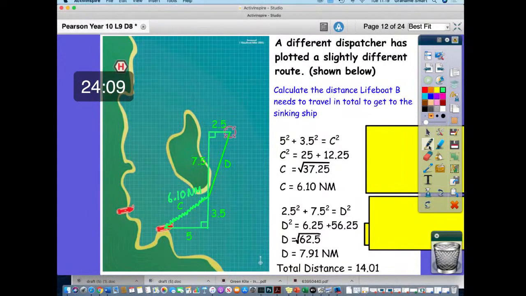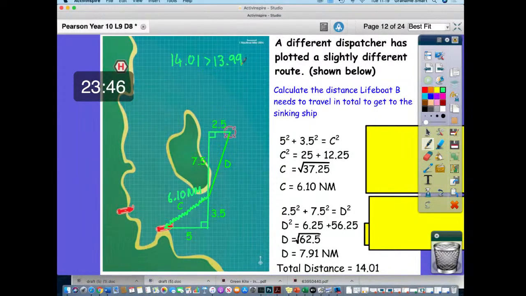So that is slightly longer than the calculation on the previous slide, because on the previous one it was 13.99. So using these two triangles was a slightly longer distance than the previous calculation. It just shows you which route you take can make a difference.